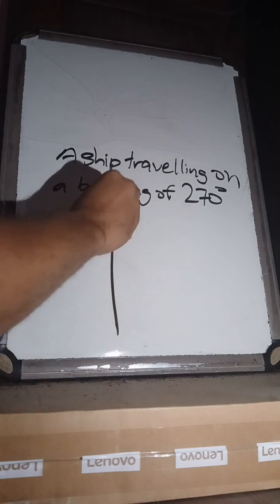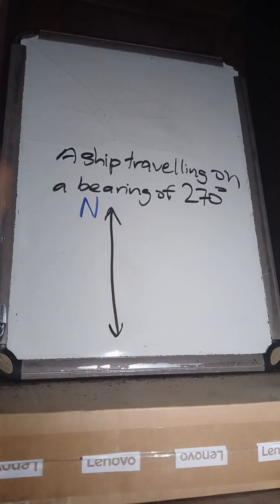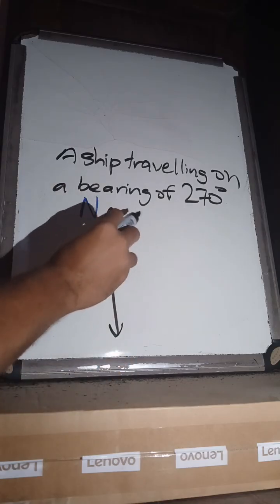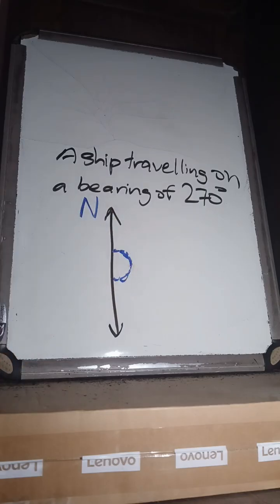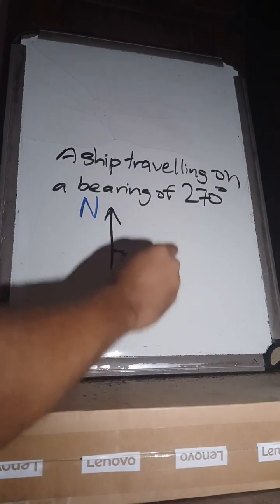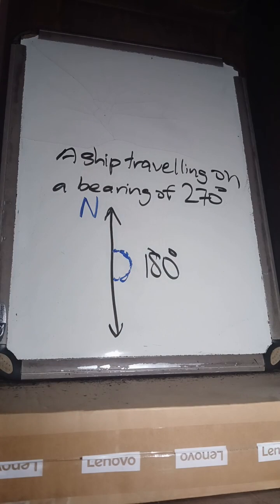There we go. Alright, so that's our north line here. Now this part from here to here is 180.